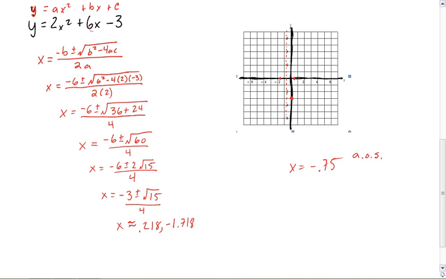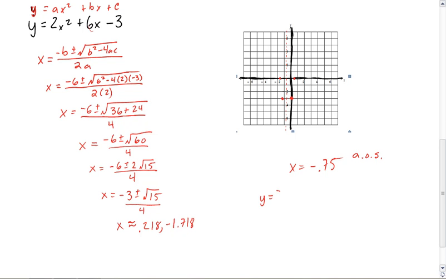There we go. Now that does a couple of things. One, it allows us to take our y-intercept here and reflect it on the other side. And secondly, it will allow us to find the vertex itself. So we'll plug negative 0.75 into our equation.